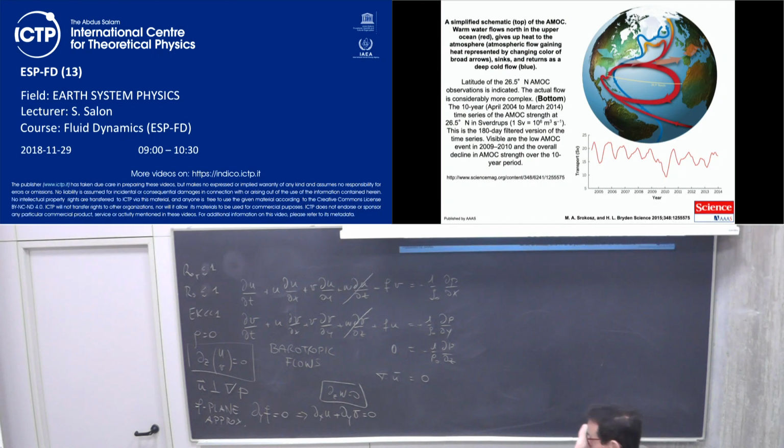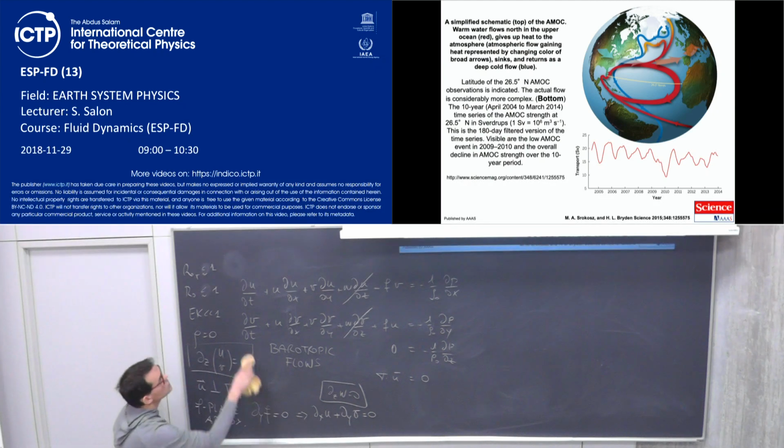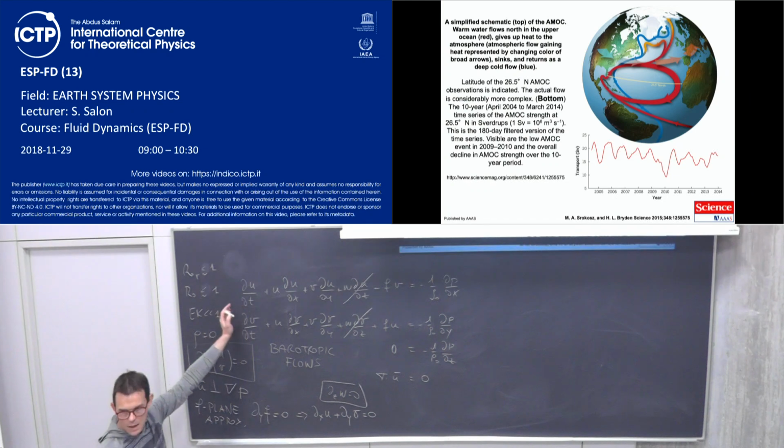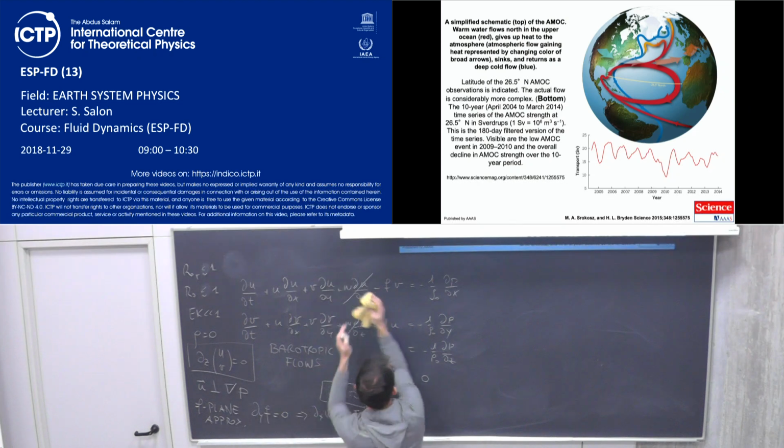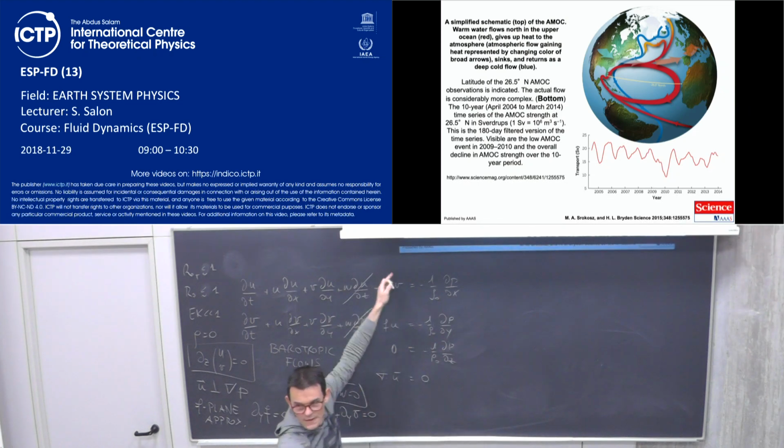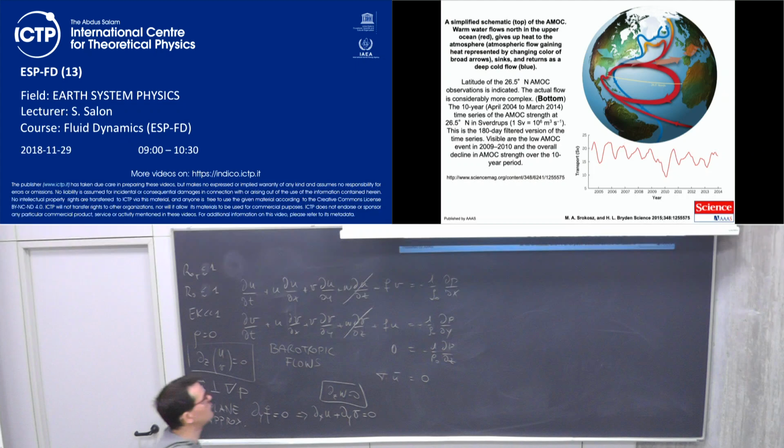Barotropic flows, apart from this, don't have anything in common with geostrophic flow, because we can no longer say this. So we cannot easily solve for u and v as before, because before we only had this one, and it was very easy to solve for u and v.